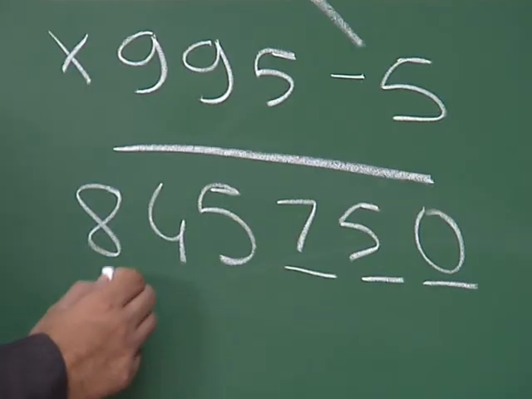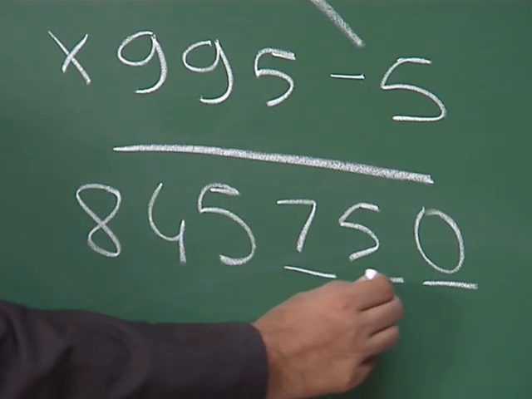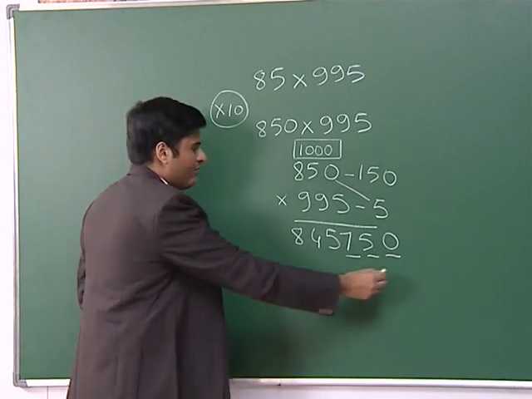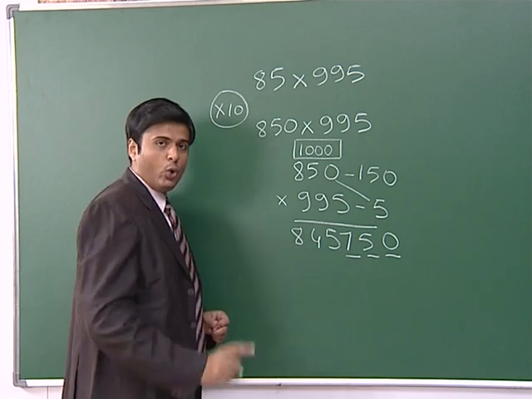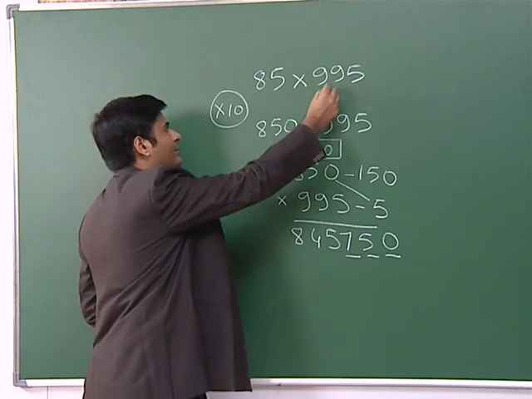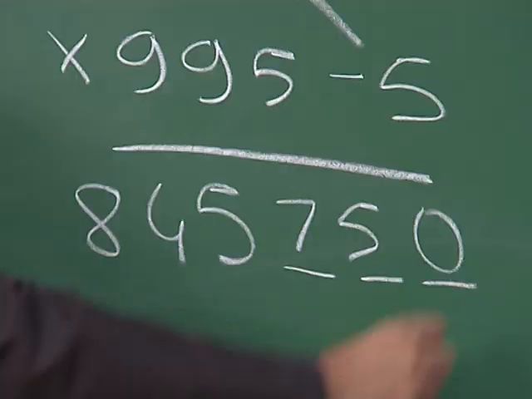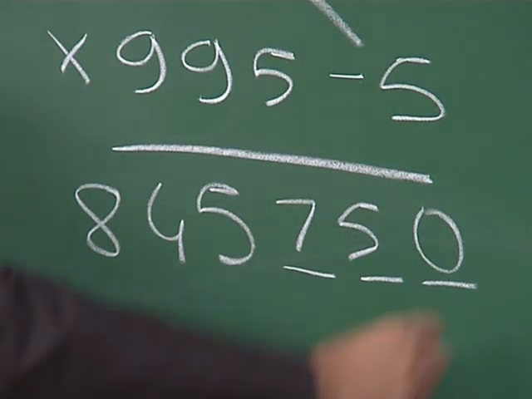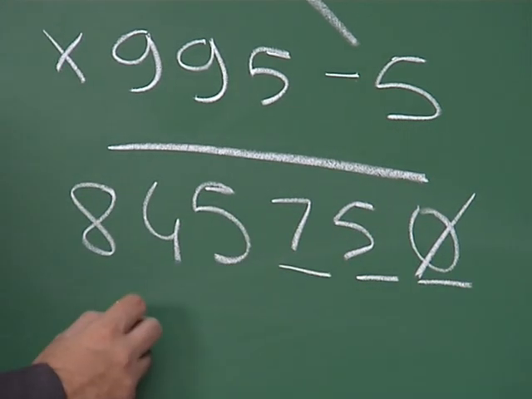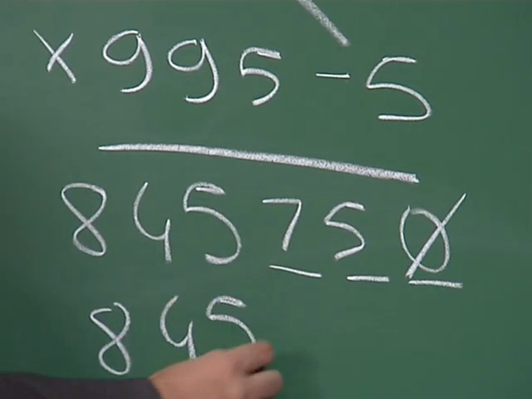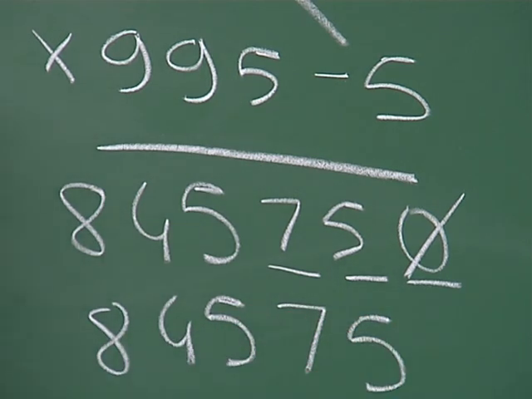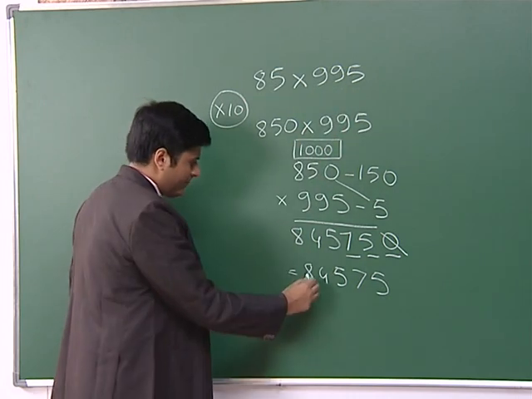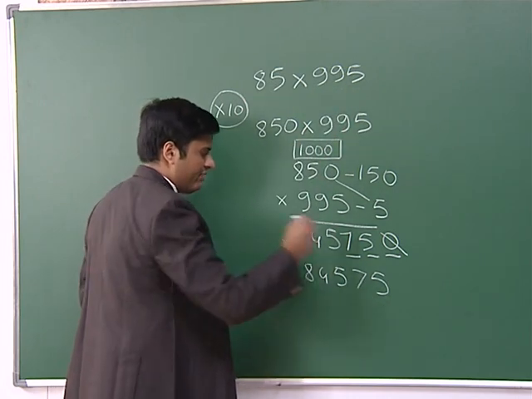So my answer is 845750. But as I said, since we have multiplied by 10, we will now have to divide by 10 to get the original answer of 85 multiplied by 995. So I will now divide by 10. Divide by 10 is very easy. I just cut this 0. Now my answer becomes 84575. So when I multiply 85 times 995, the answer is 84575.